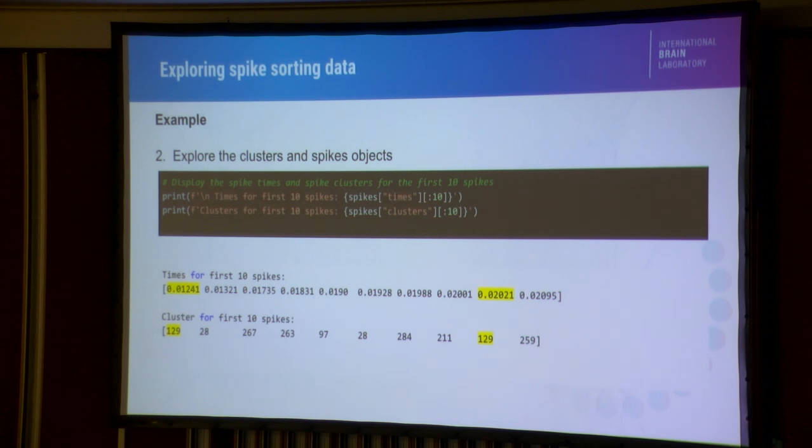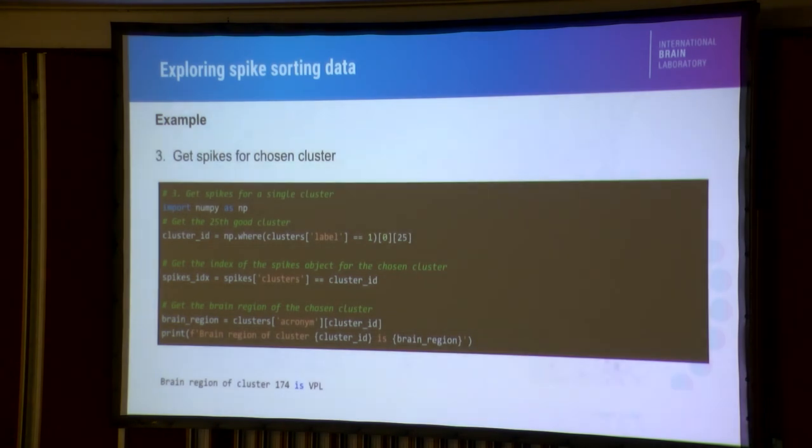If now you want to get the spikes for a chosen cluster, you have to do the following. In this example, we show you how to get the spikes for the 25th good cluster. First, to find which are the good clusters, we have to find where the cluster label is equal to 1. And then we simply index it by saying it's number 25, because we want the 25th good unit.